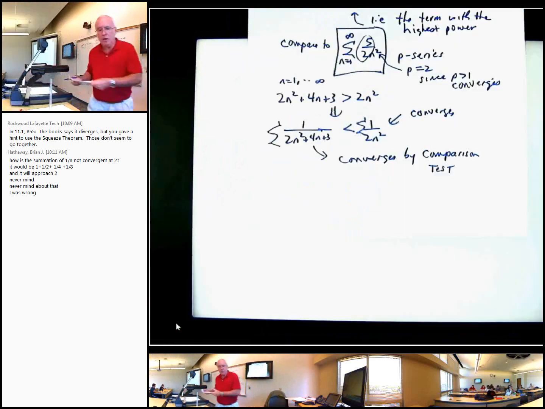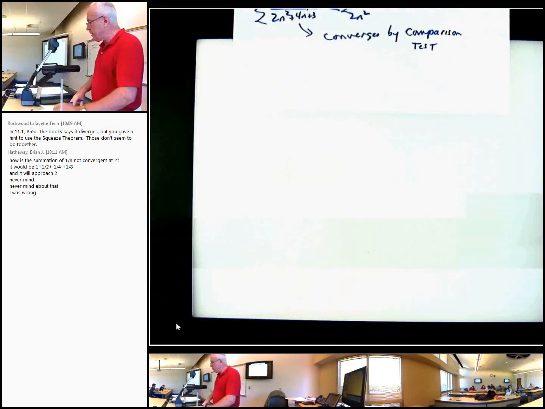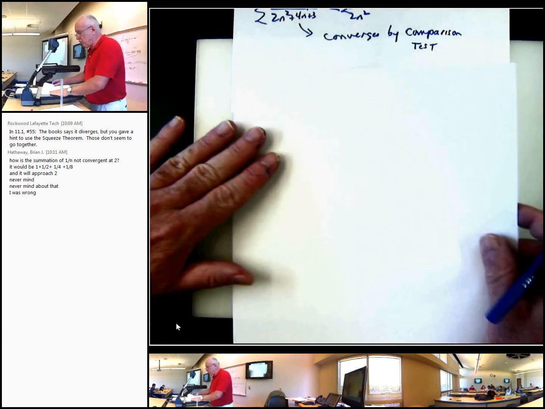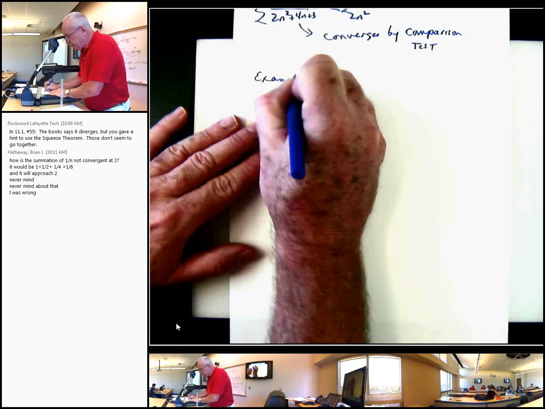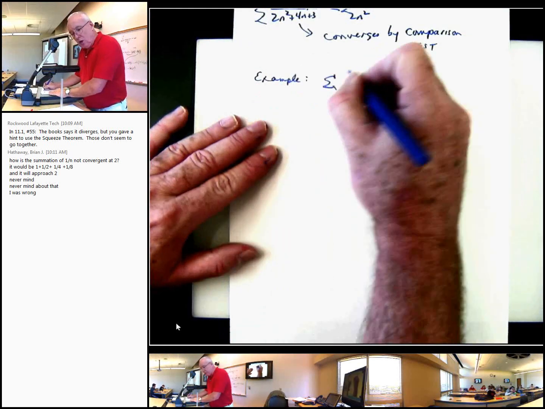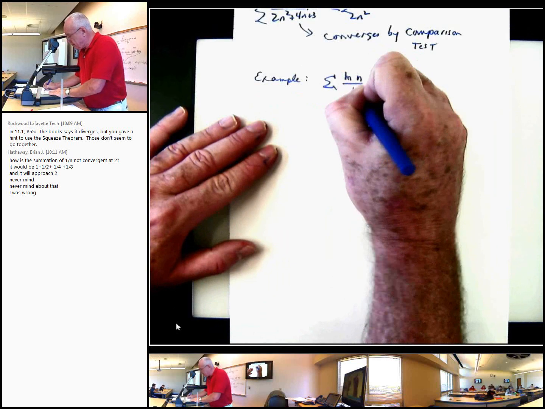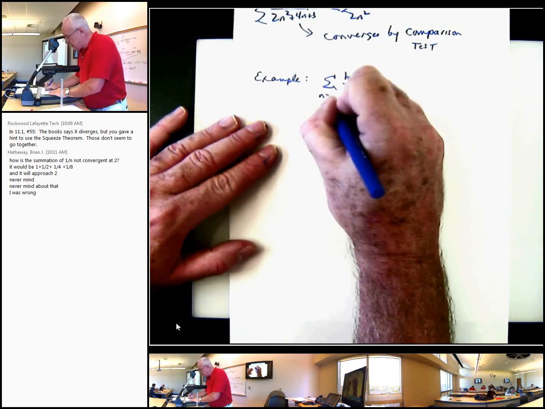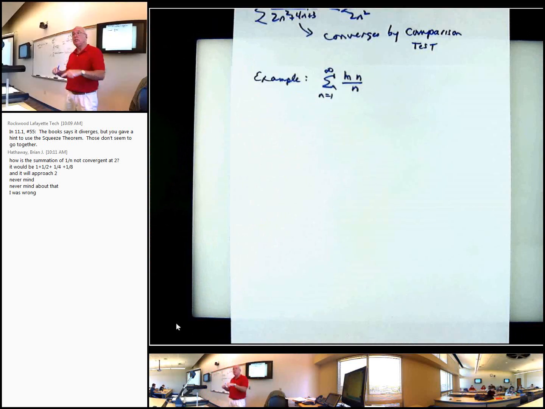This next one we've actually already looked at, but we're going to look at it a little bit differently than before. So this next example is the series where it's the summation of the ln of n divided by n as n goes from 1 to infinity. Now, last class we did look at this.